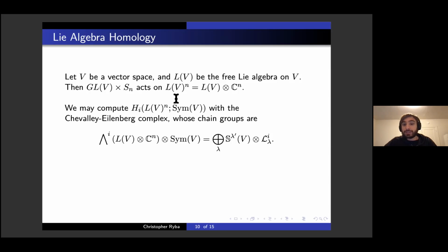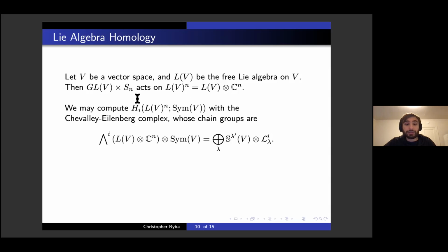Just take my word for it that there's only one sensible thing you could do. And the upshot is that this quantity is going to be a representation of this group, because these are automorphisms of this Lie algebra, and this is an equivariant module for it.